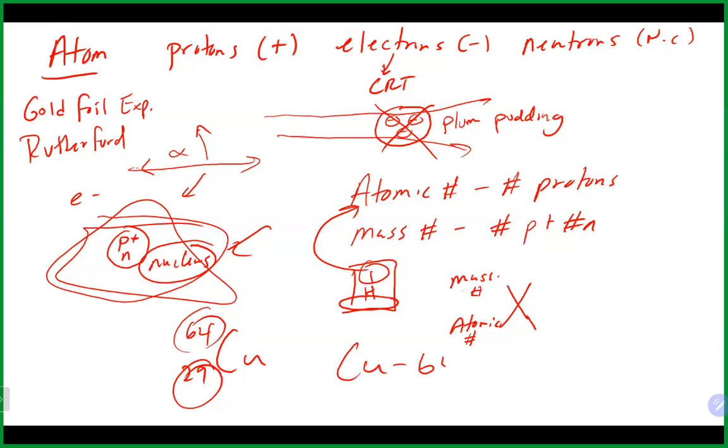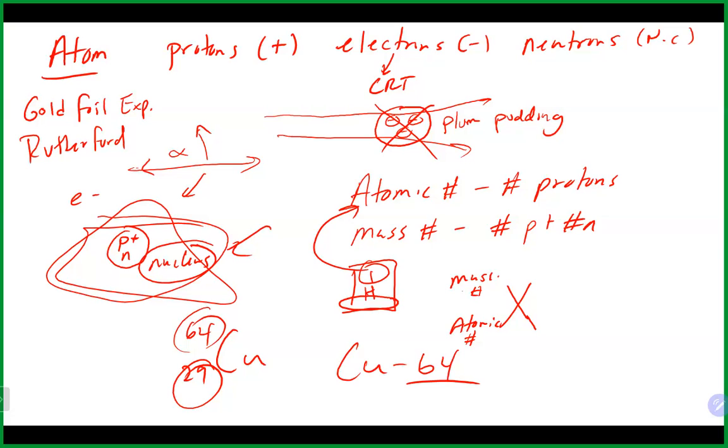Also, if it's written like this, that number again is the mass number. Out of all three of those subatomic particles, the one that is the most important in terms of what element you're dealing with is which one? It is the atomic number, the number of protons.